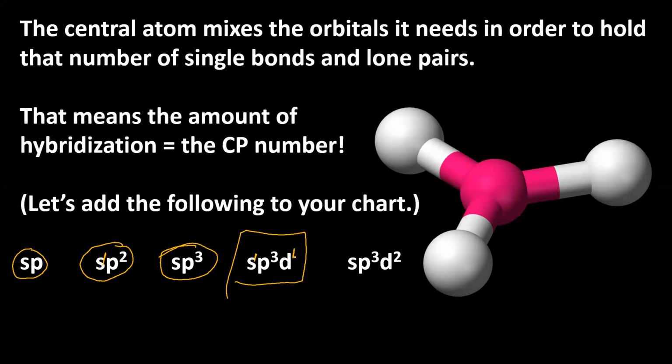And then we do have some elements that can even go up to 6. And so we add just one more D into the mix to go up to 6. So anything on your paper starting with a CP of 6 is sp3d2. 1 s, 3 p, I'm up to 4, 2 Ds, now I'm up to 6.